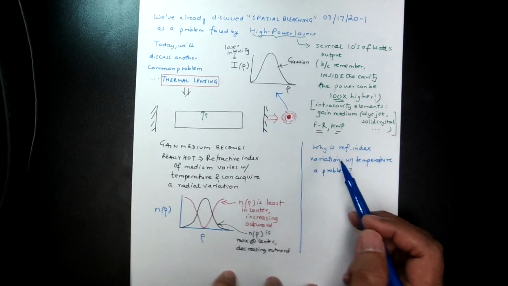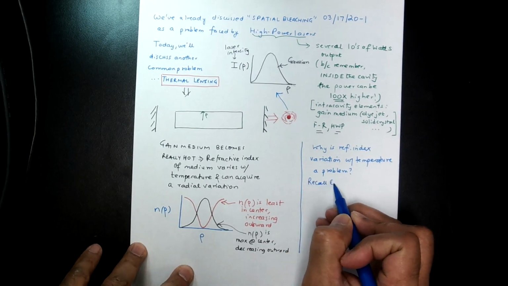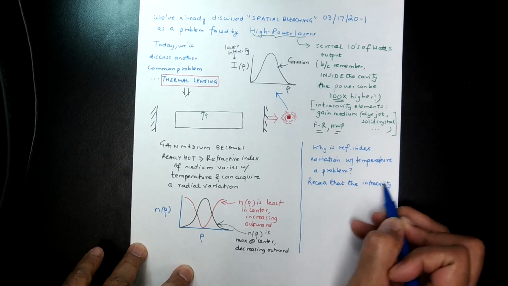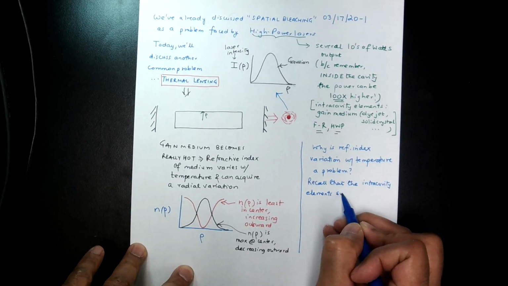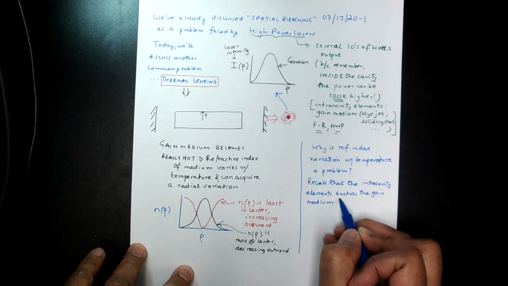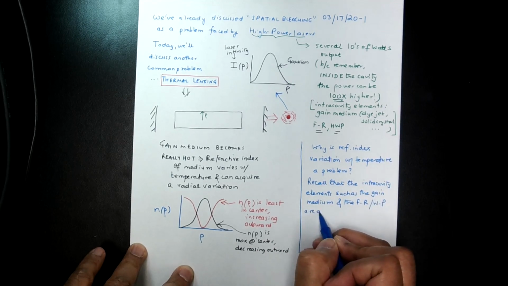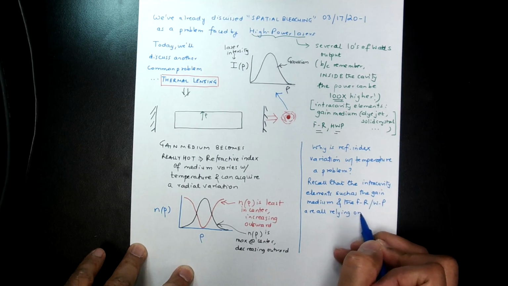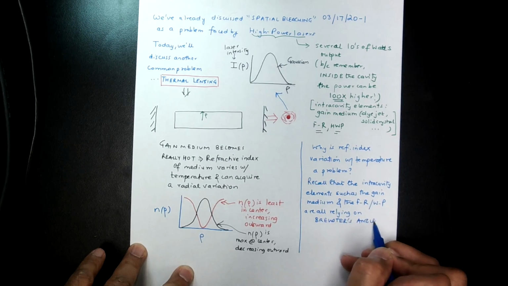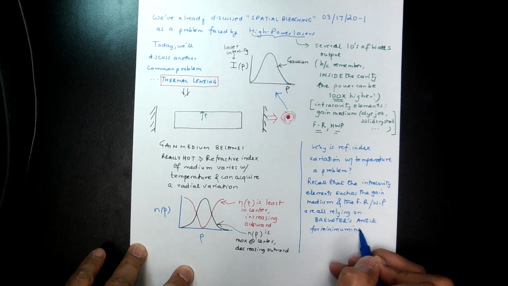But why is the refractive index variation with temperature a problem? Well, because you recall that the intracavity elements, such as the gain medium and the Faraday rotator, for example, and the wave plate, are all relying on Brewster's angle for minimum insertion loss.